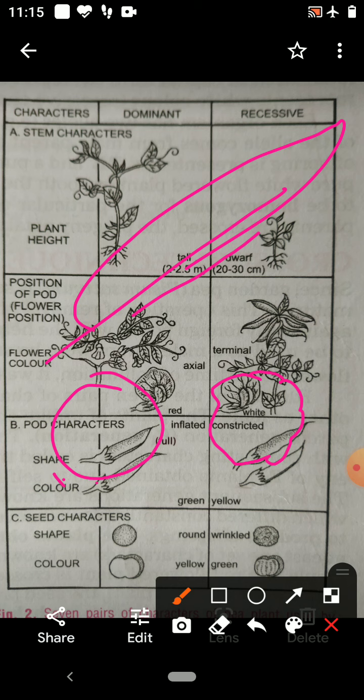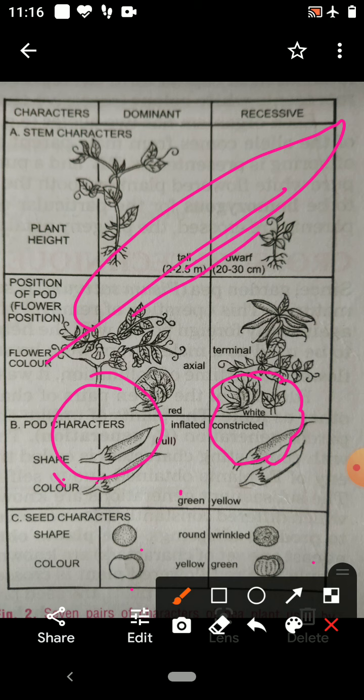So children, you have to know which 7 pairs of contrasting traits were studied by Mendel in sweet pea: height of the plant, tall and dwarf; position of flower, axial and terminal; color of flower, red and white; shape of the pod, inflated and constricted; color of pod, green and yellow; shape of the seed, round and wrinkled; color of the seed coat, yellow and green.